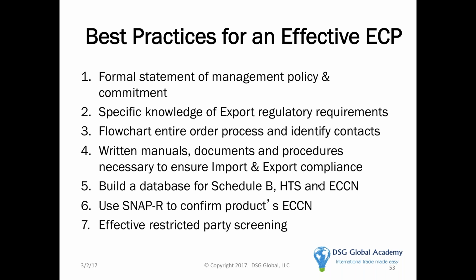On number 5, I highly recommend updating your product database with the correct ECCN number and Schedule B and HTS, but definitely, given the context of today's webinar, the ECCN number. Many of you may have done it several years ago, when Bob was the warehouse manager, so it's really time to update it.